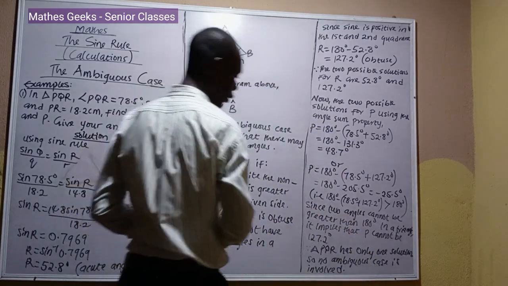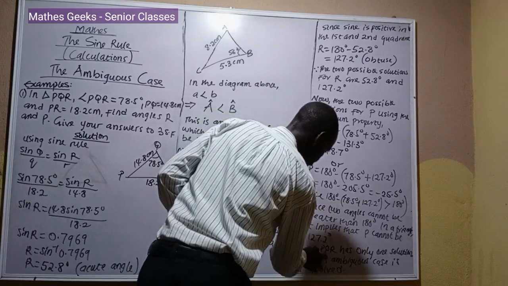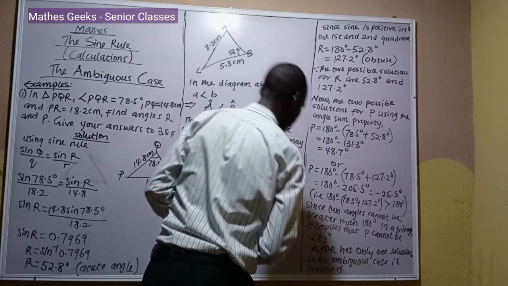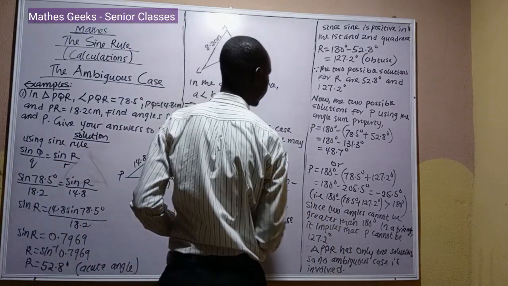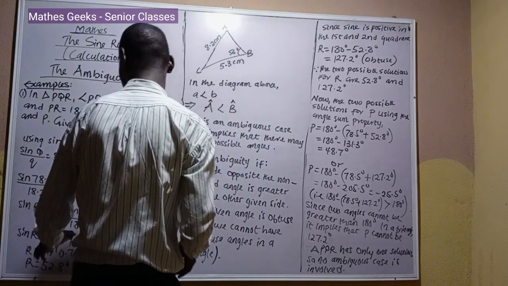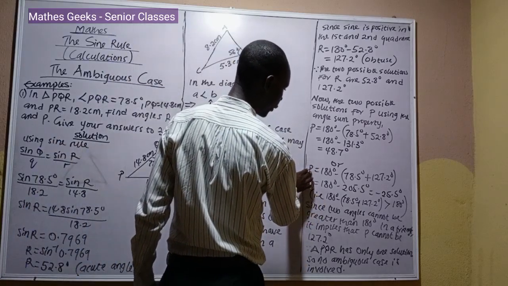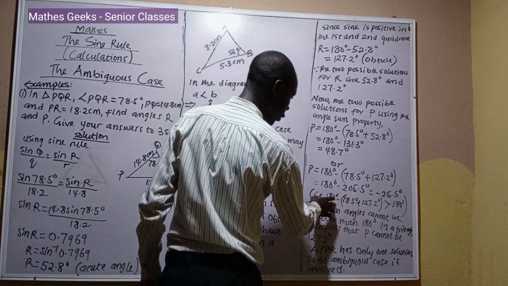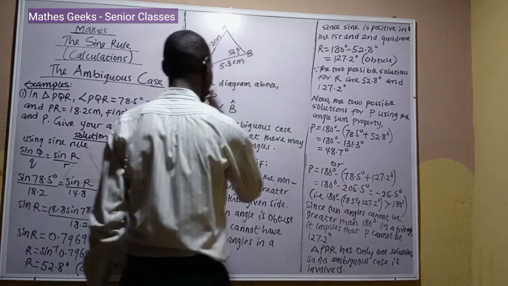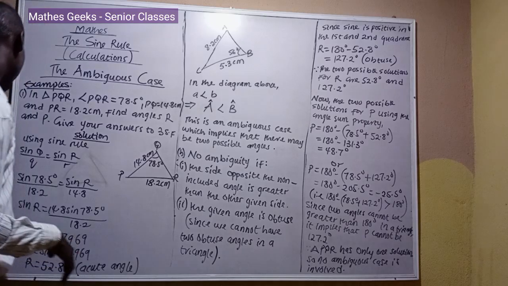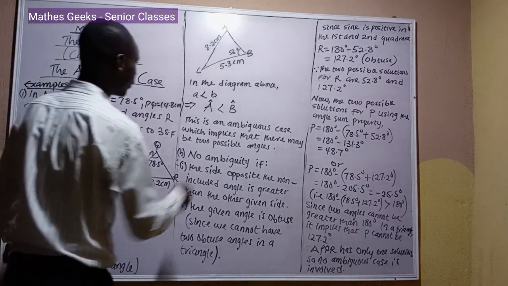So why are we coming to this conclusion? Because from what we have here already, if you try to get the obtuse angle of P, we discover that it's not possible, and that's because triangle R has an obtuse angle.